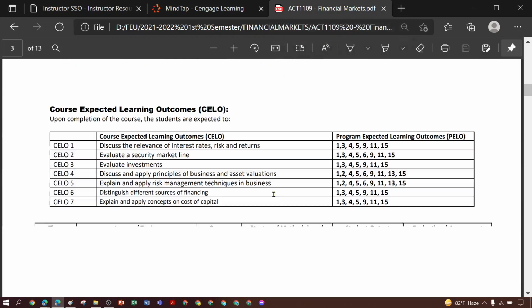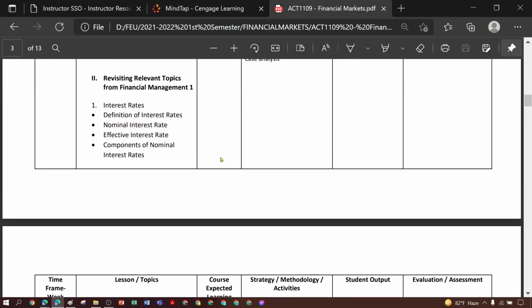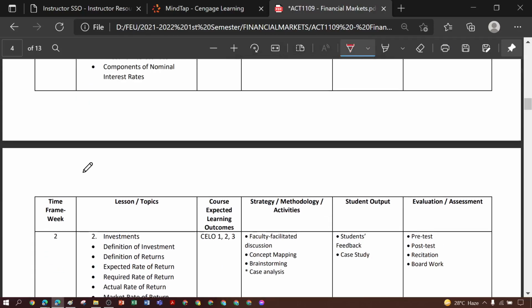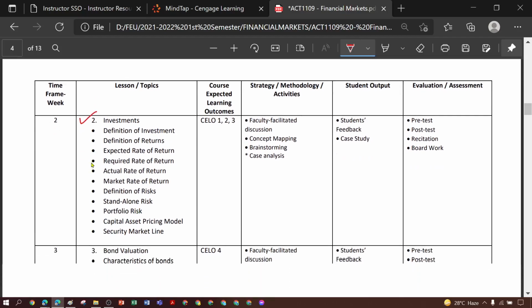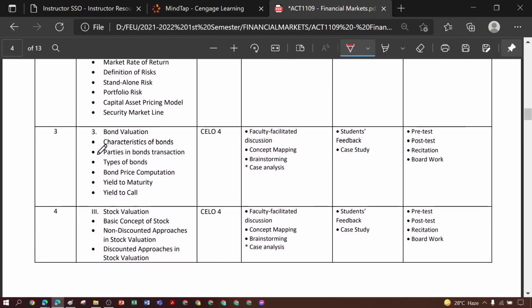Okay, sinusunod nga natin yung flow nitong syllabus mo. Okay na tayo dito. Nasa interest rates. Check lang natin yan. Palitan natin yung kulay. Yan, kulay red. Tapos na rin tayo dyan sa investments. Pero ito yung CAPM and security market line. Babalikan pa natin yan.